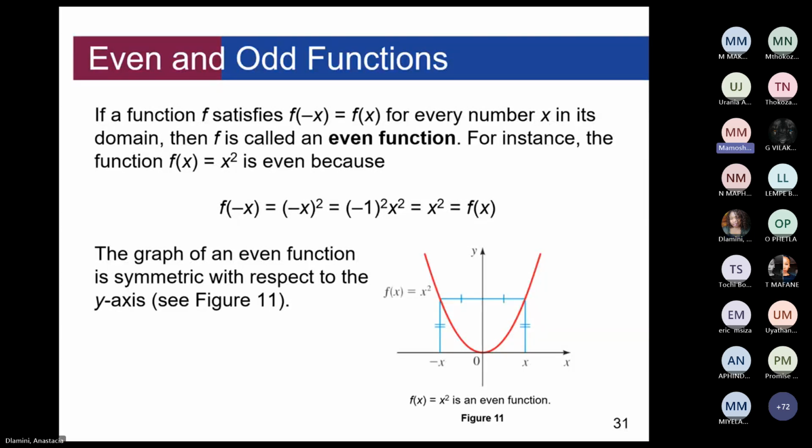Please repeat that. They are saying that if f of x satisfies this, then this is an even function. Meaning that if I take f of x and put negative x and I get f of x, then that's an even function.